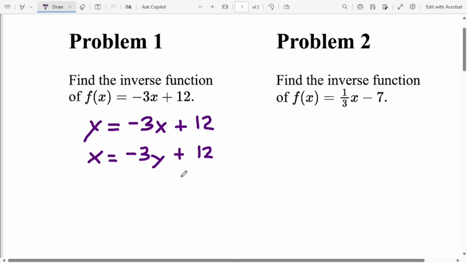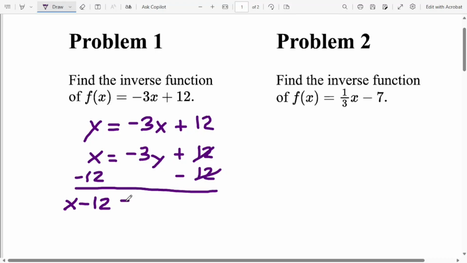After that, I want to solve for y. So I'm going to start by subtracting 12 from both sides. Okay, so I get x minus 12. These will cancel. Equals negative 3y.